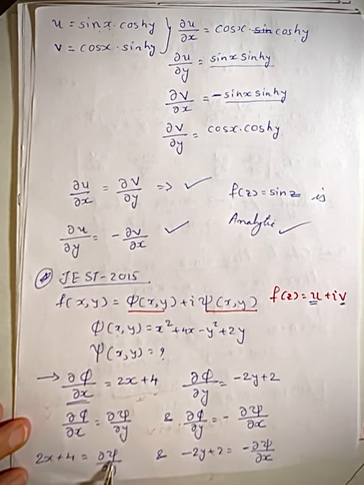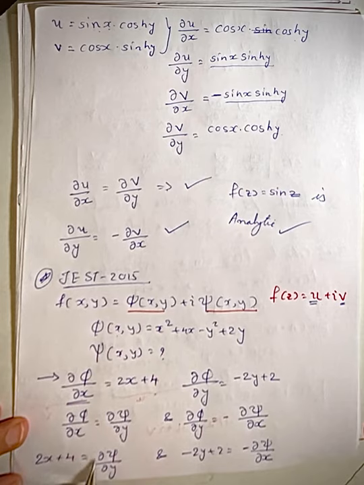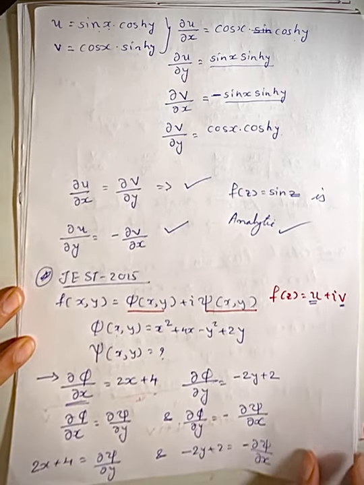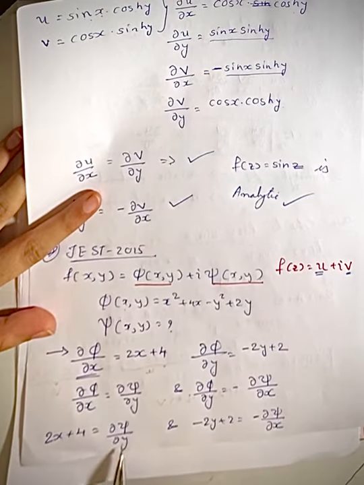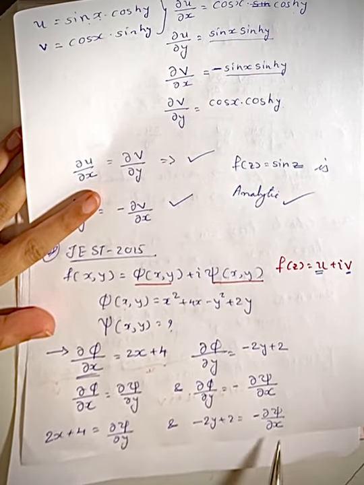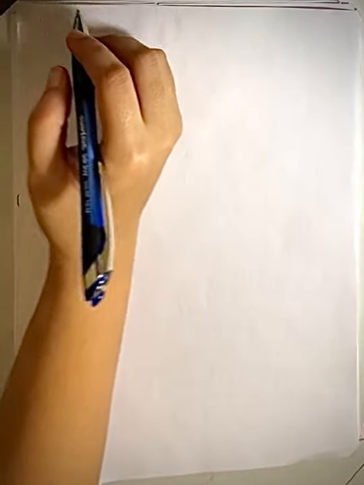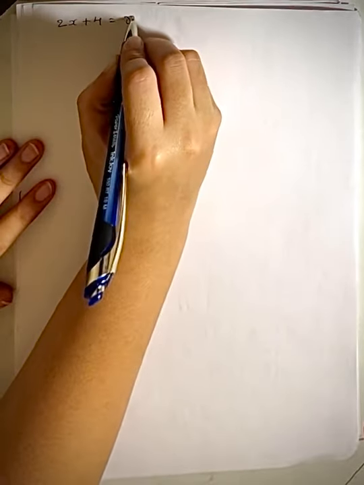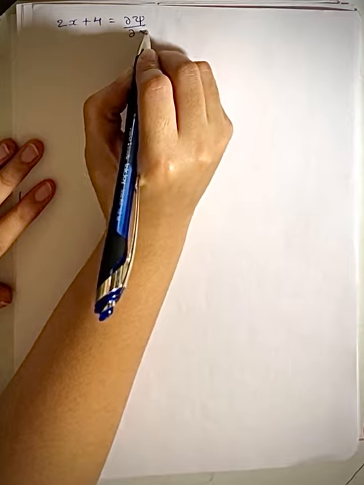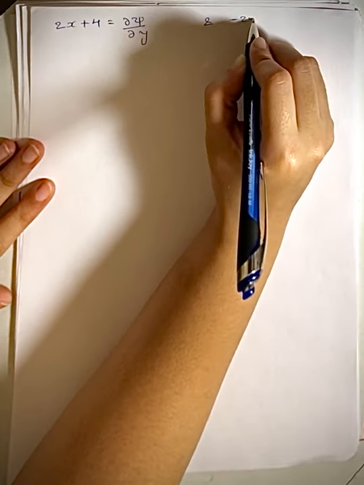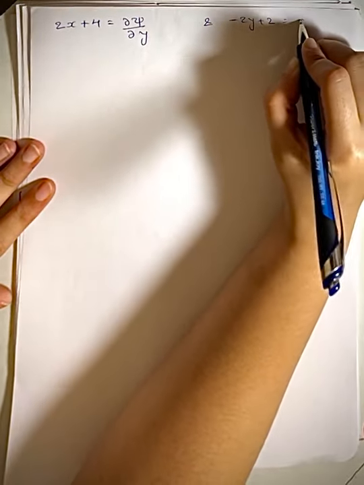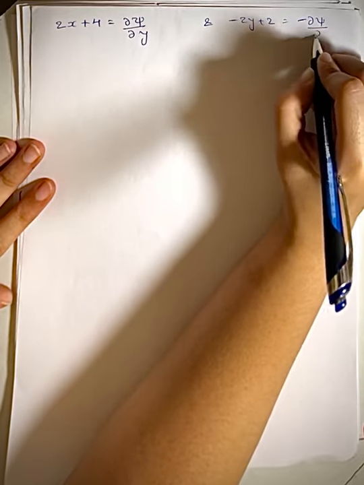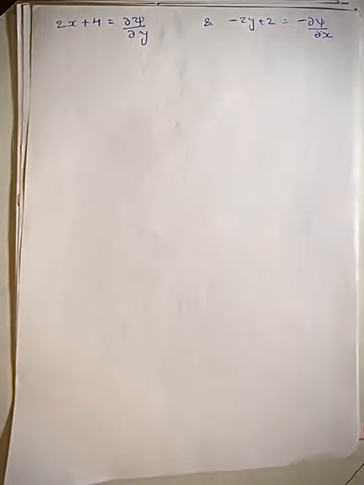So to find out psi, we have to integrate on both the sides. Here we will integrate with respect to y, and here we will integrate with respect to x. So let me rewrite so that we can do the integration. 2x plus 4 equals del psi by del y, and 2y plus 2 equals minus del psi by del x.